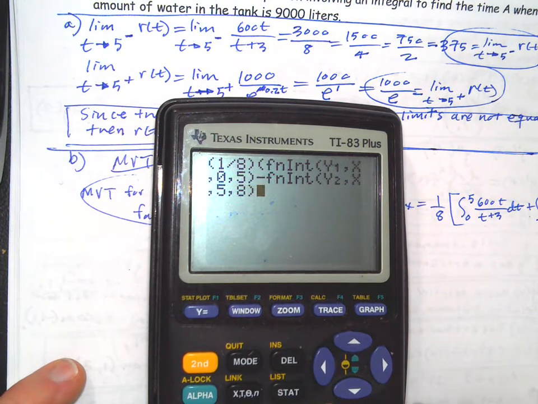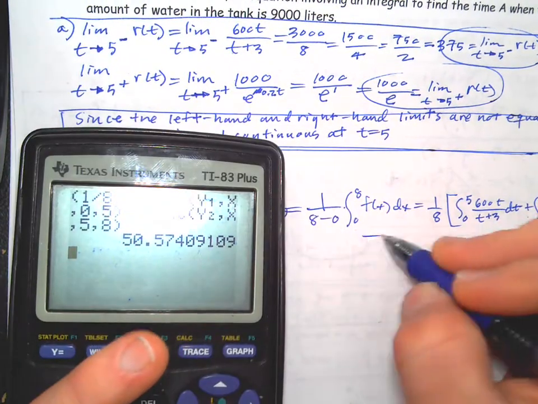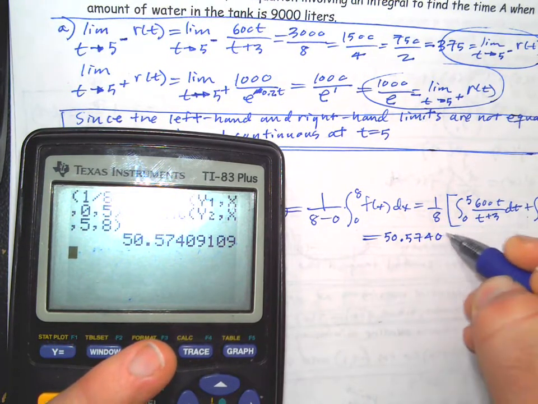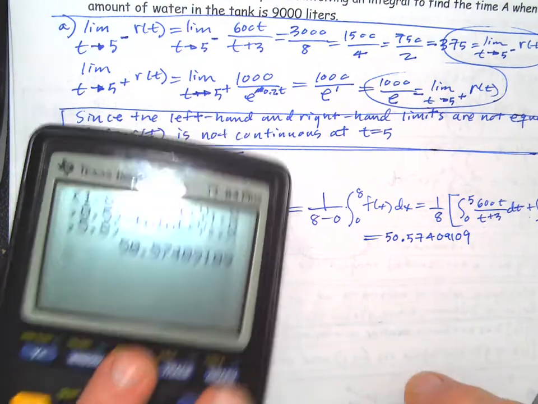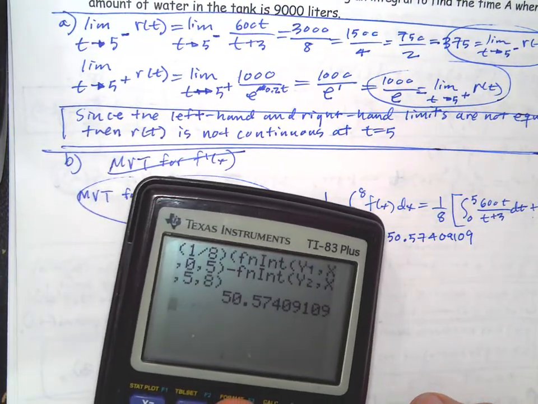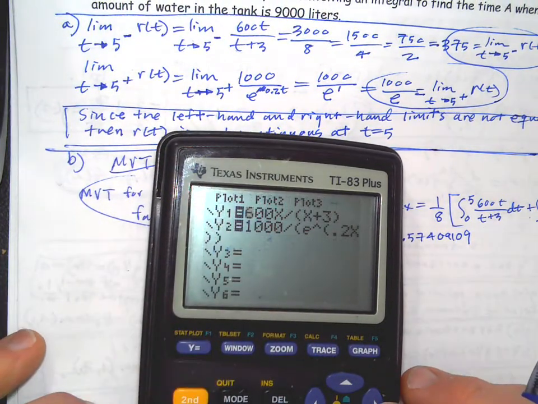It pays to know how to use your calculator fast. This is by far the fastest way to do it. This is going to do it all at once. That gives you 50.574099109. But I feel like I made a mistake. Oh, I got the wrong answer. Let's double check this.